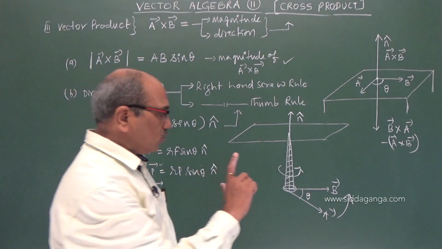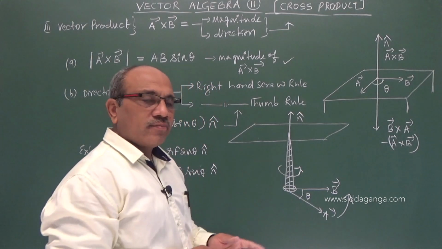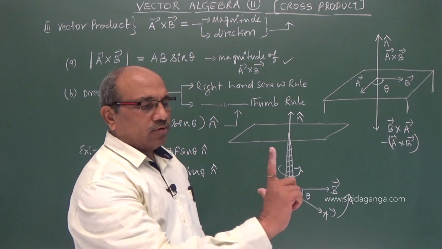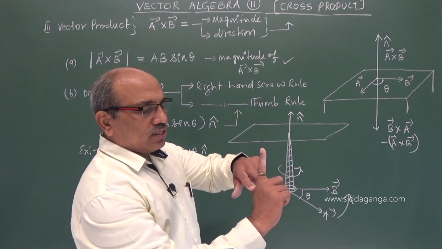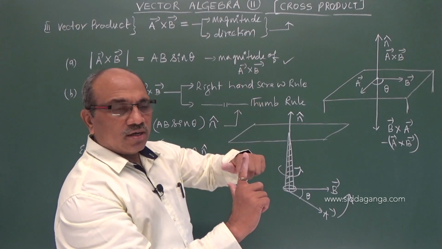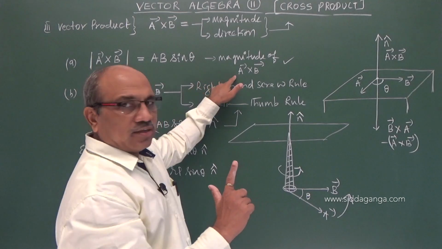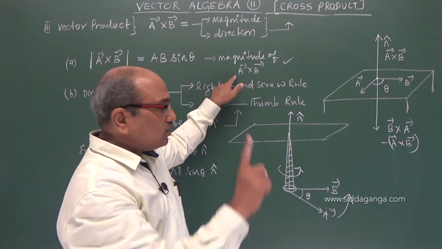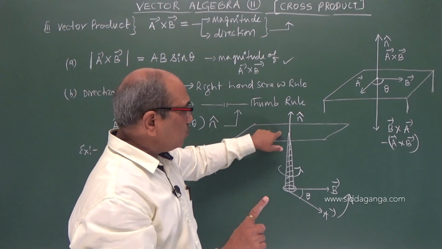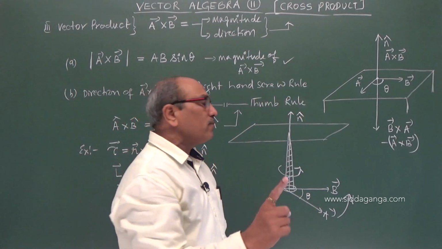When you turn the screw in such a fashion that it goes from the first vector to the second vector, the direction of advance of the tip of the screw gives you the direction of A cross B. I think you have followed.